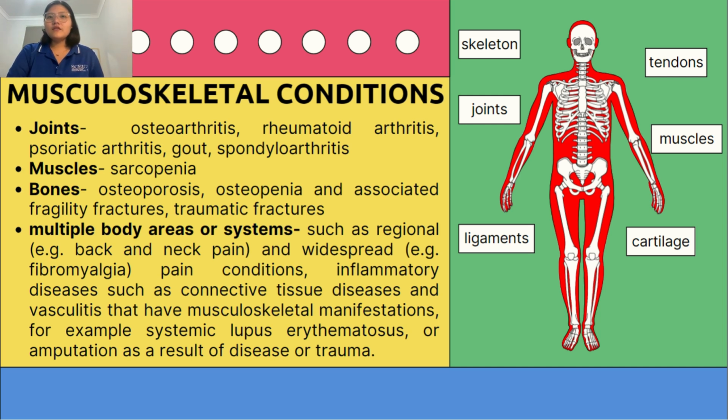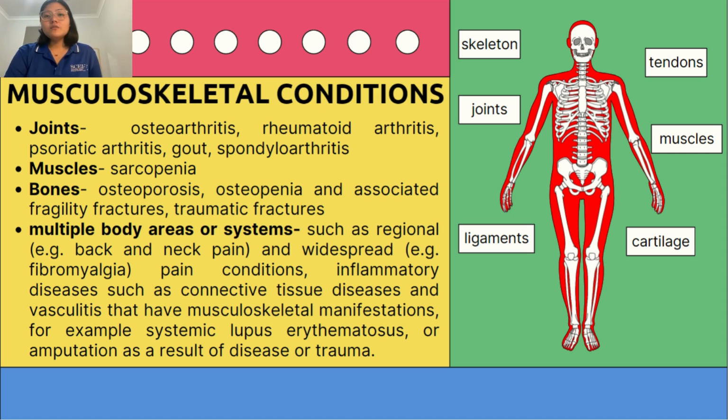First, we have the joints, and its specific conditions consist of osteoarthritis, rheumatoid arthritis, psoriatic arthritis, gout, and spondyloarthritis. Next, we have the muscles, which consists of a specific condition called sarcopenia. And third, we have the bones, and its specific conditions consist of osteoporosis, osteopenia, and associated fragility fractures and traumatic fractures.